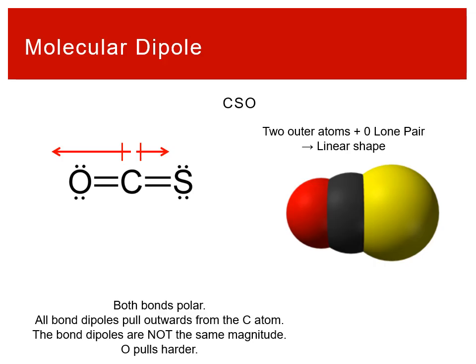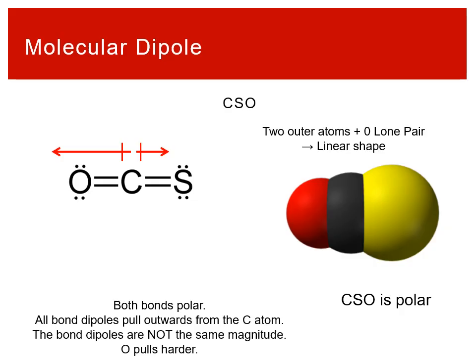And so both bonds are polar and they're both pulling outwards, but they are not pulling with the same magnitude. Oxygen is pulling more electrons out towards it. And so what ends up happening is there's an imbalance. They don't perfectly cancel. And so this overall molecule, CSO, is polar.